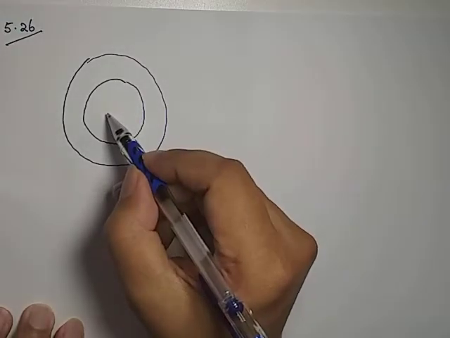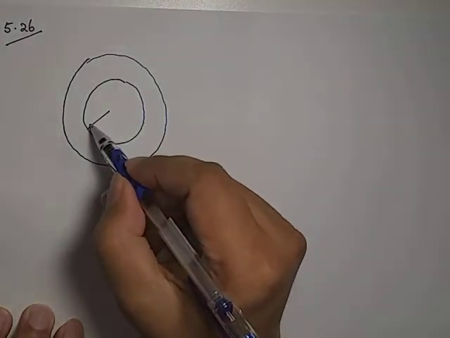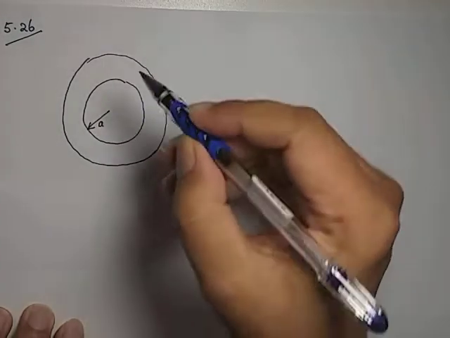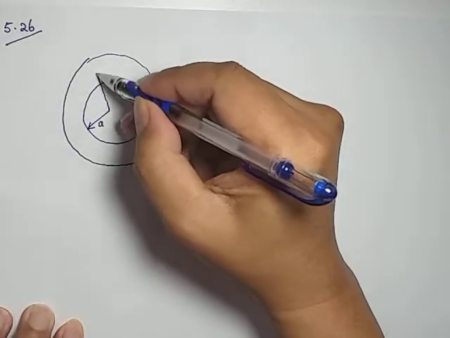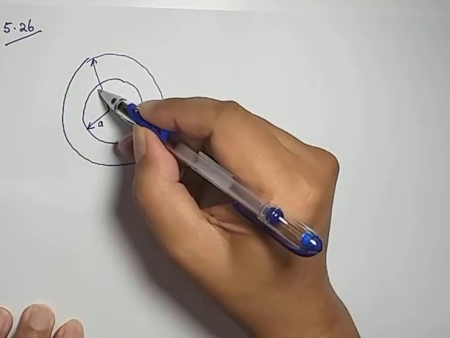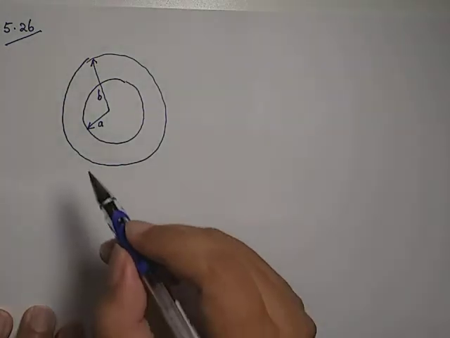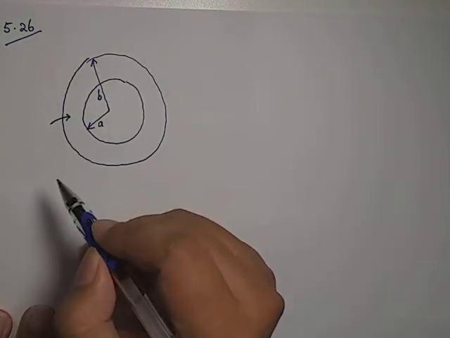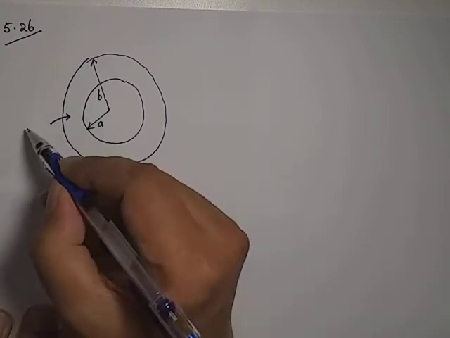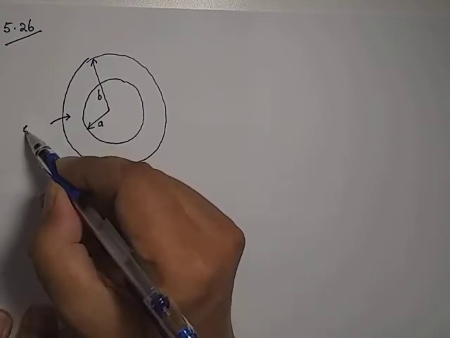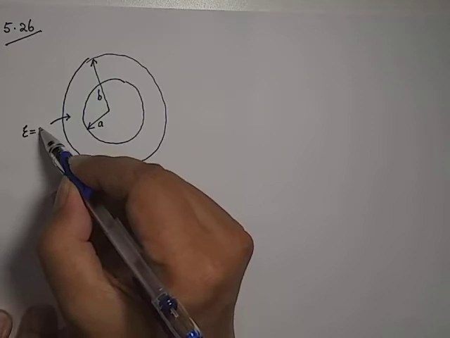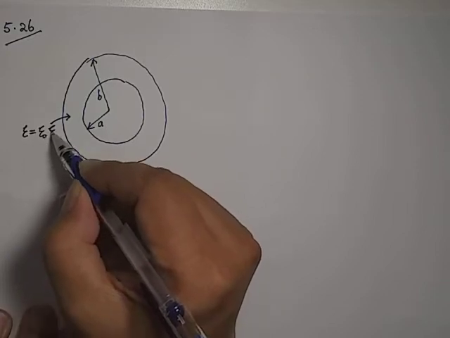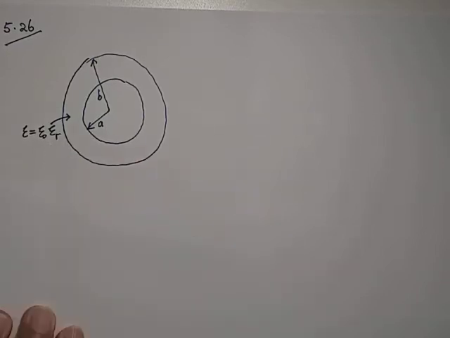The inner radius is given as A, and the outer radius is given as B. The region between A and B is filled with dielectric material where the permittivity is given as epsilon naught epsilon r. That's what defines our permittivity of the dielectric material.